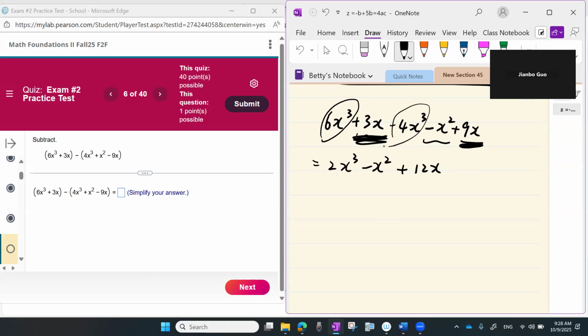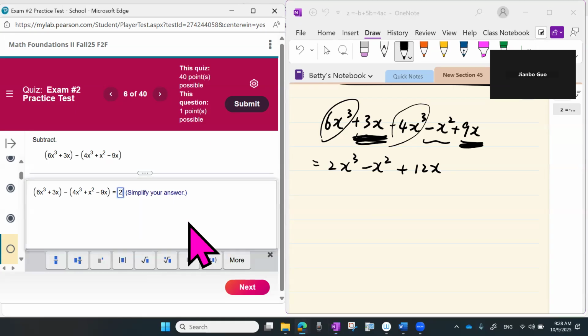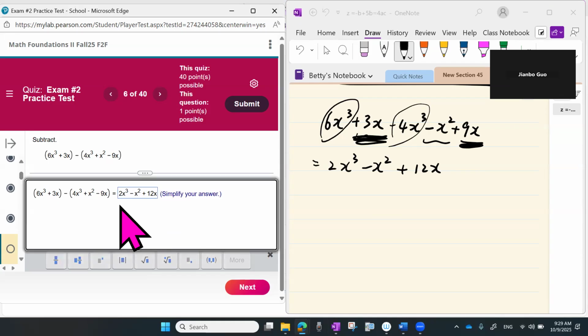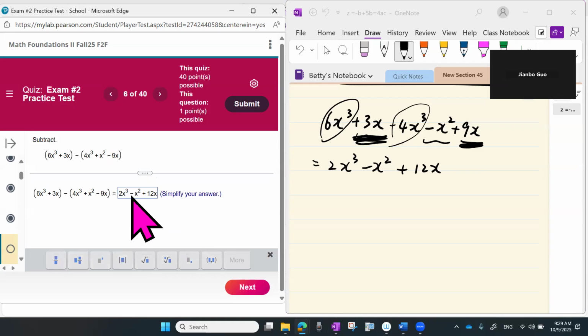The result is a trinomial, degree 3. So 2x cubed minus x squared plus 12x. 2x cubed minus x squared plus 12x.